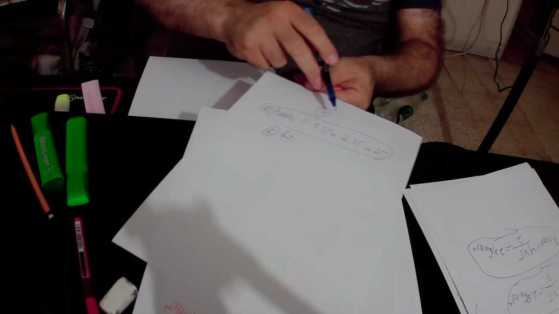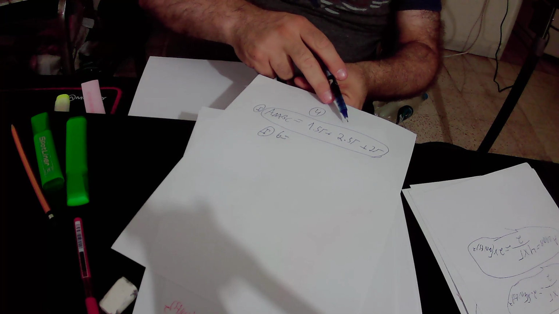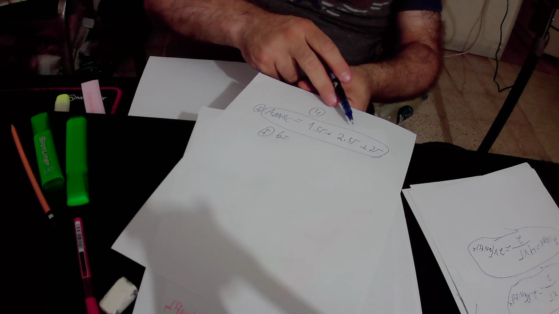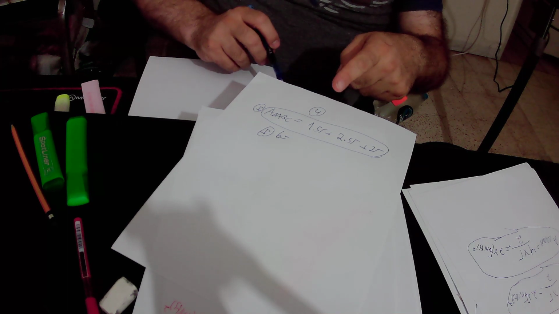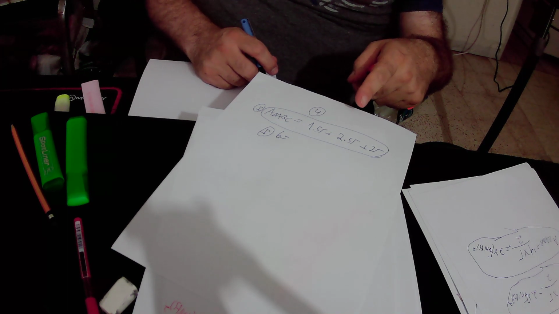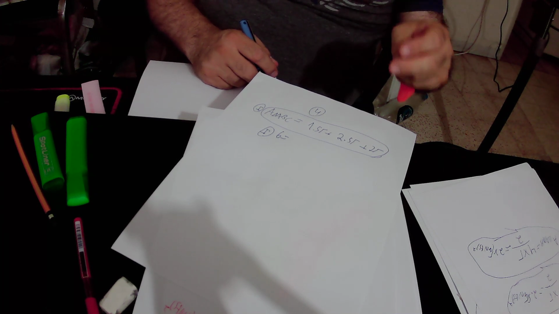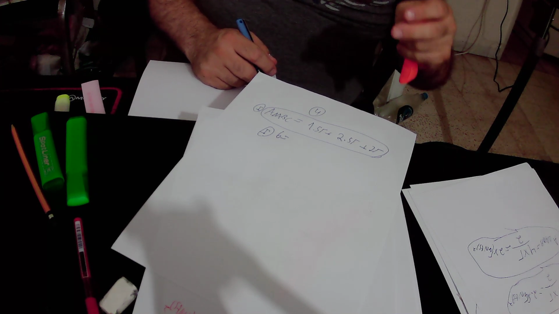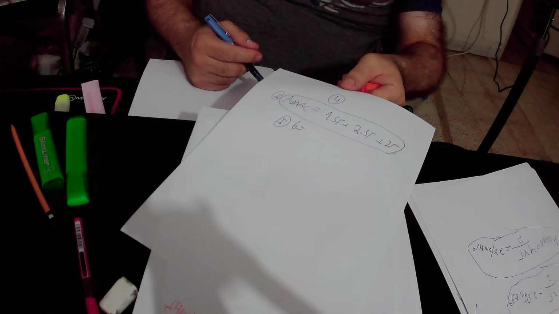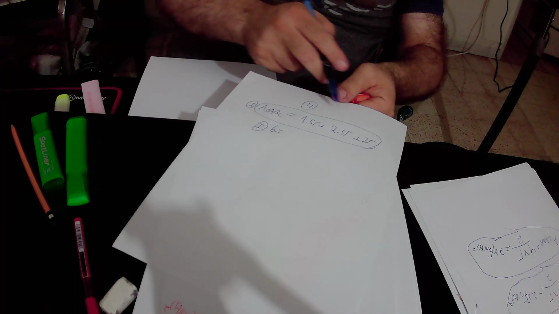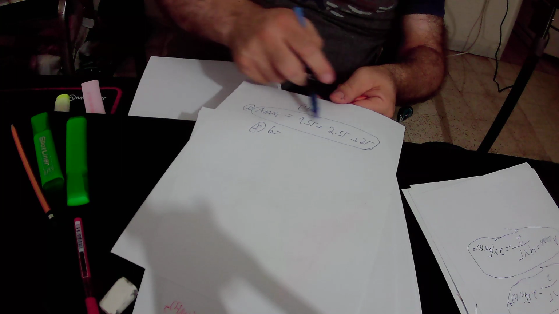1.5 r plus 2.5 r equals 4 times r, and 4 times r plus 2 times r equals 6r. So in total, on this side of the equation, we have 6r.